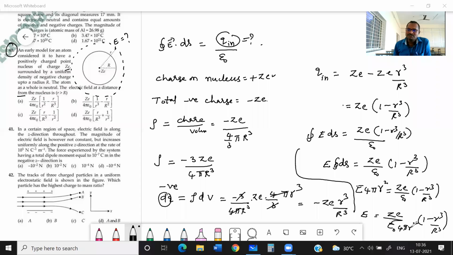Now this small r square goes inside. You will get Ze by 4 pi epsilon naught into 1 by r square minus small r by capital R cube. Yes, option A is the answer. A small calculation here gives the required answer. This is the answer for the 40th question.